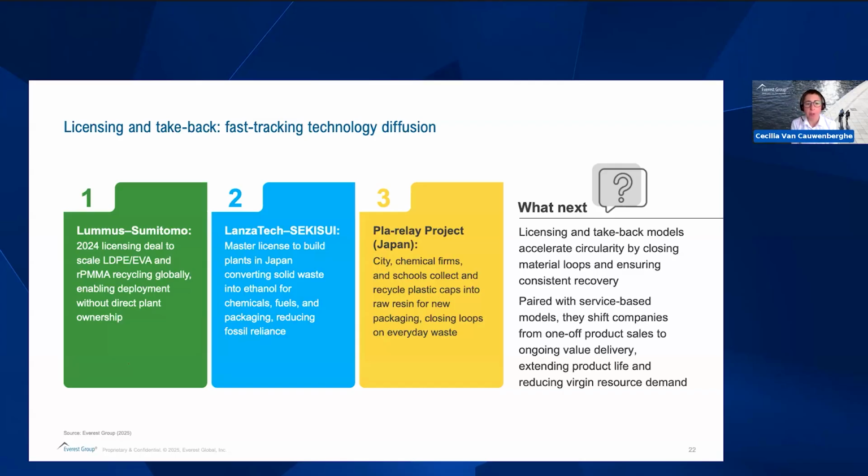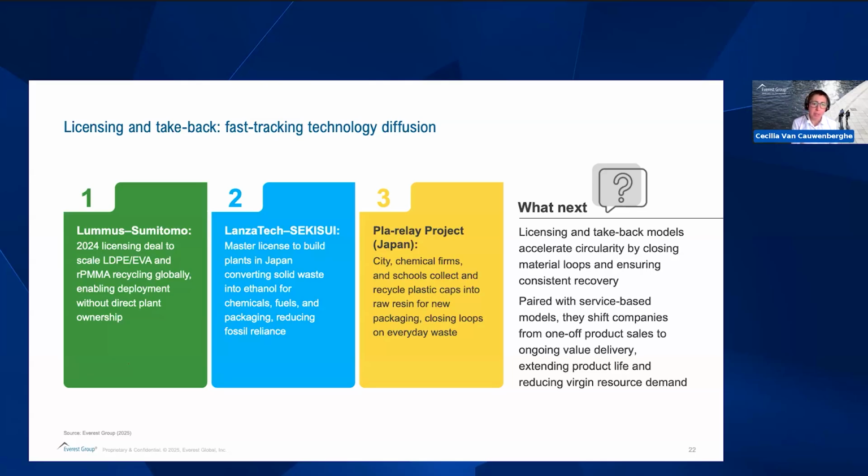LanzaTech provides process control, software, and microbial IP, while Sekisui handles compliance and distribution. So the result is rapid national deployment with minimal central oversight. By transferring operational ownership, LanzaTech achieves scale through partners rather than assets. Licensees earn from product sales, while licensors secure steady royalties tied to verified production.